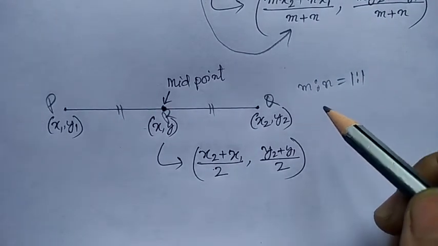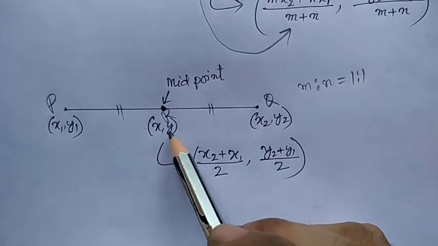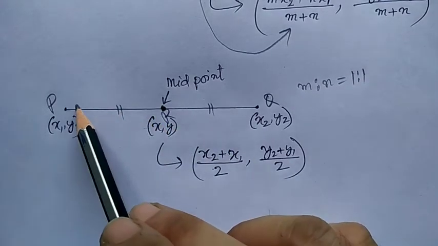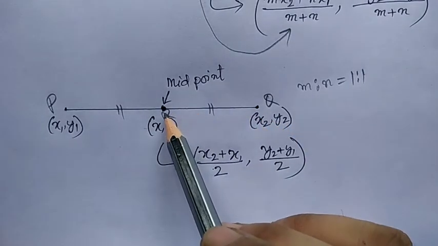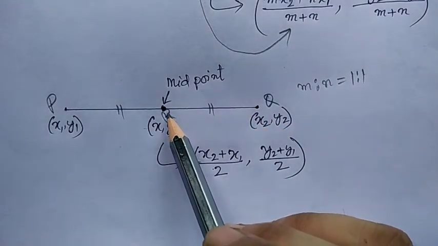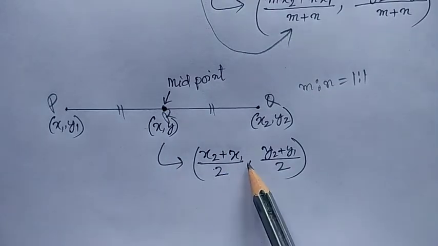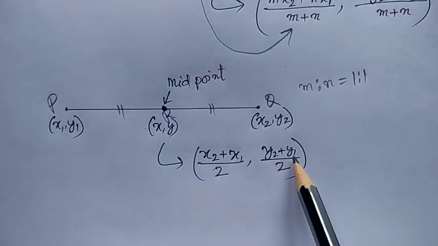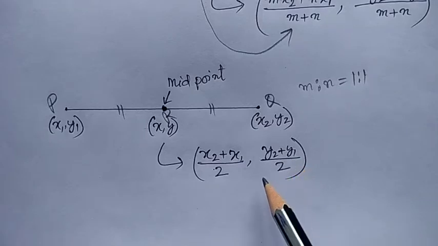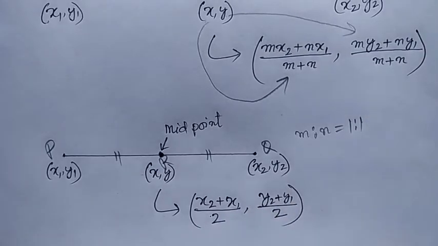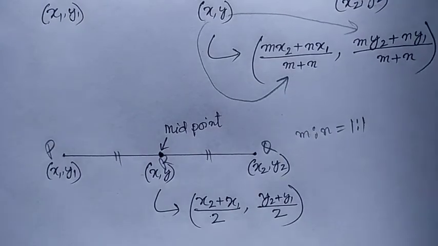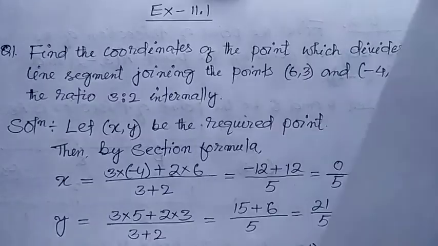So the coordinates of the midpoint, given by x, y, where this line PQ is joining x1, y1 and x2, y2, are (x2 plus x1) by 2 and (y2 plus y1) by 2. You already learned in the last class how we get this from the main section formula. Then we will straight away go to the textual question.